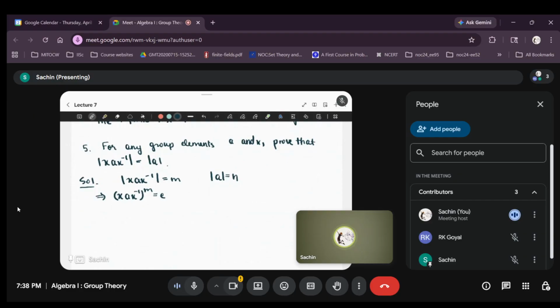What is the next step? We saw a result in a previous class. XA X inverse power M was what?